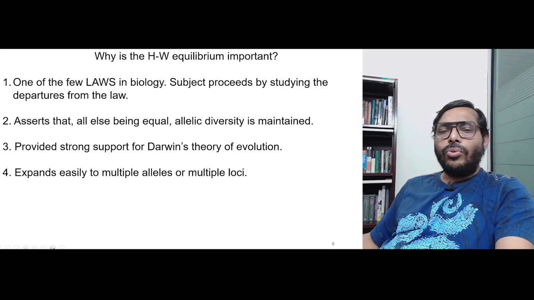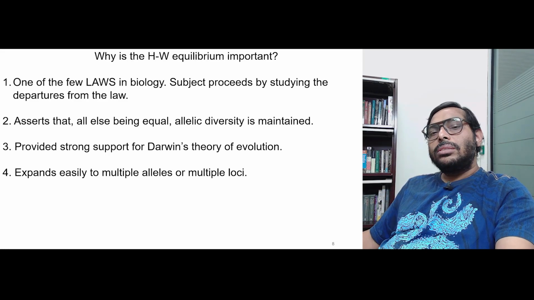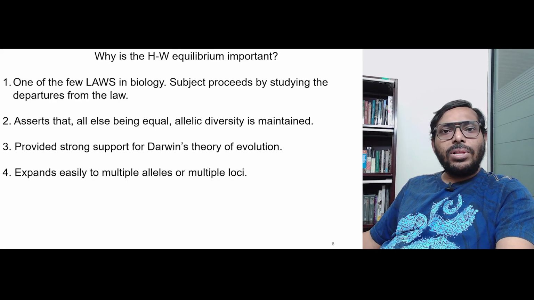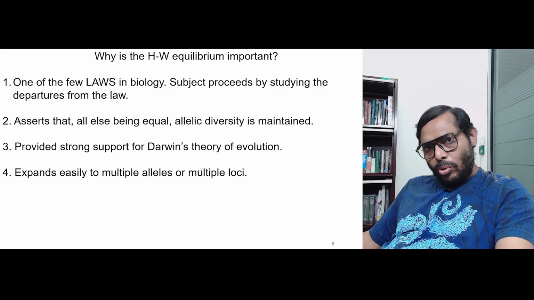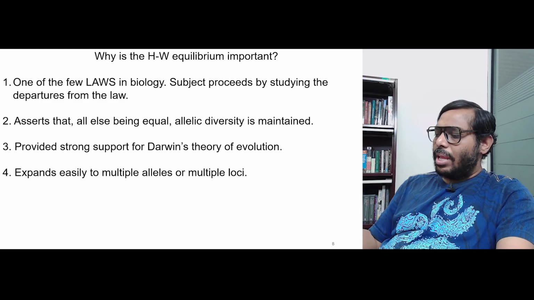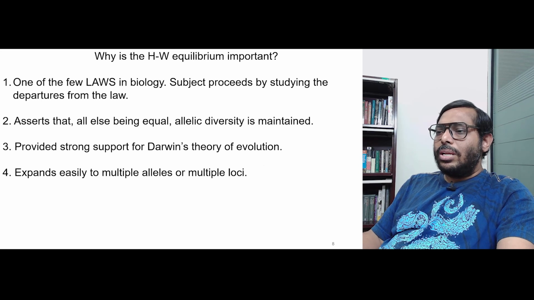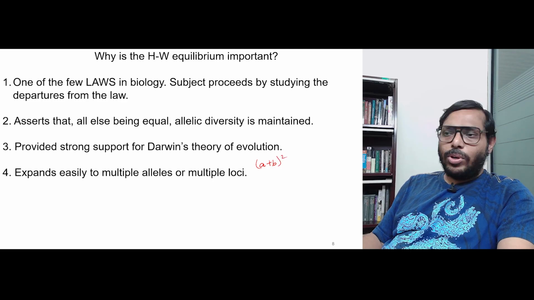Although we are not showing it to you over here, this law actually expands very easily to both multiple alleles and multiple loci cases. When it comes to multiple alleles, it is very simple. For two alleles, the genotypic relationships are the terms of the expansion (a + b)^2.